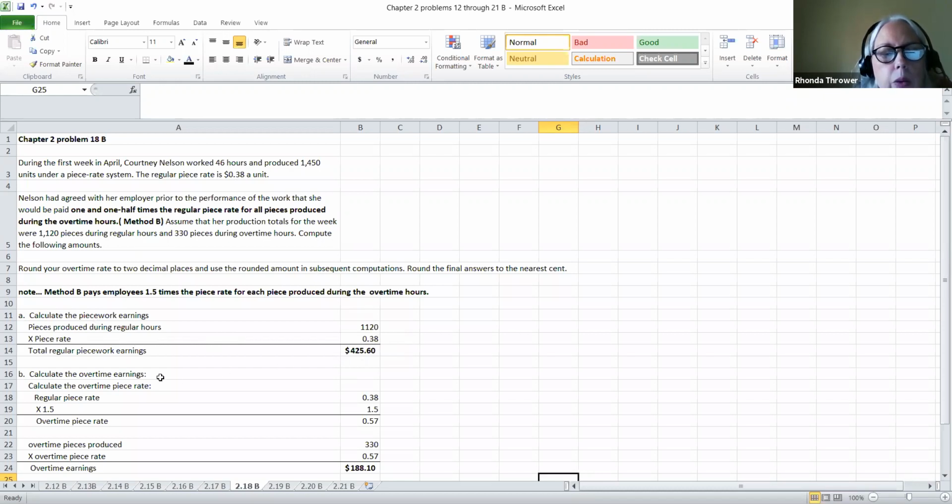In part B, they want you to calculate the overtime earnings. So we're going to take the piece rate that was given at 38 cents per unit, and we're going to multiply it by 1.5 times for method B. The piece rate is multiplied by 1.5 times. The overtime piece rate will be 57 cents.